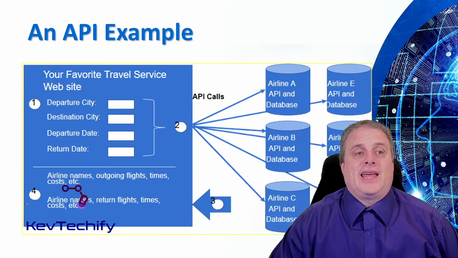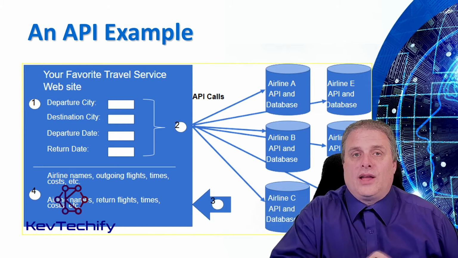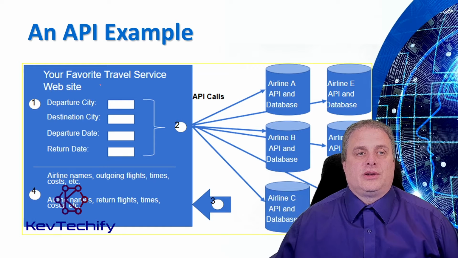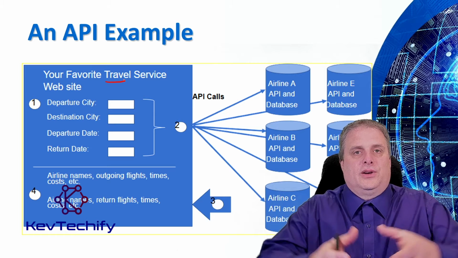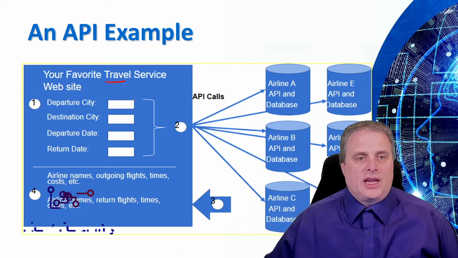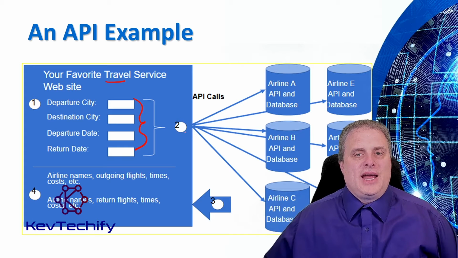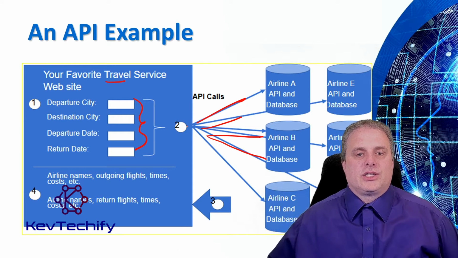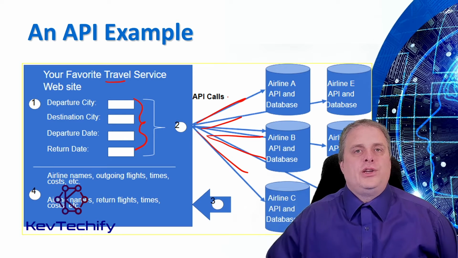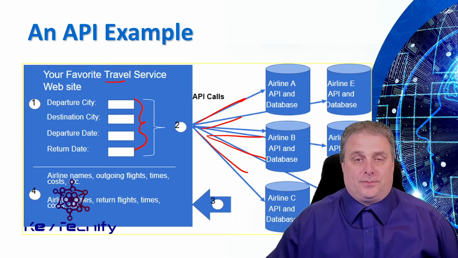Where if we are using APIs, now you're not using the airline's website, you're going to use a travel site that looks at a lot of different airlines. You put in all the same information, but this time instead of just going to one database, it's going to go to a lot of different databases and search them. It's going to find you the best value, the best times that meet what you needed.